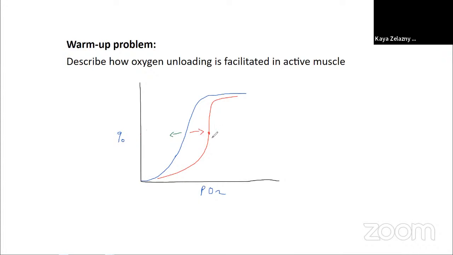We have lowered affinity, versus a shift to the left, where at a lower PO2 we get that same saturation, meaning we have higher affinity.